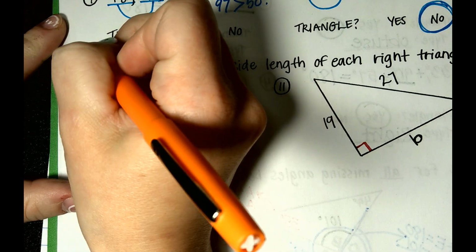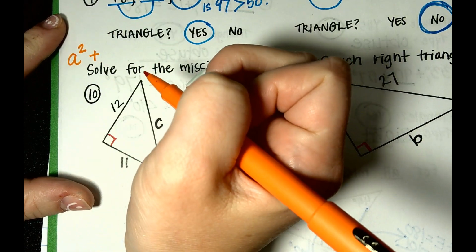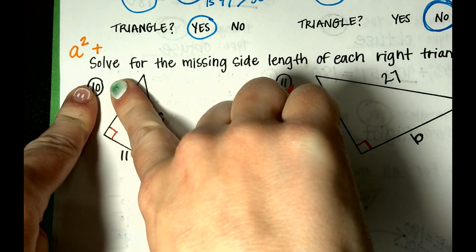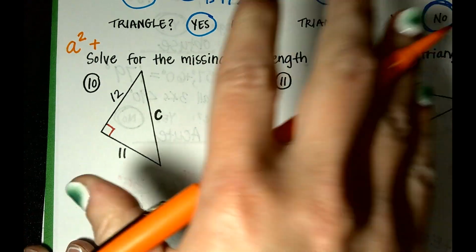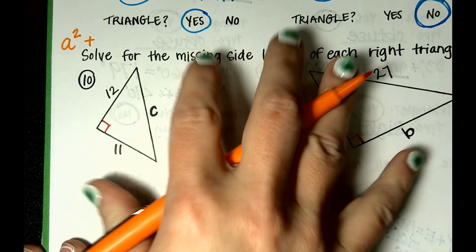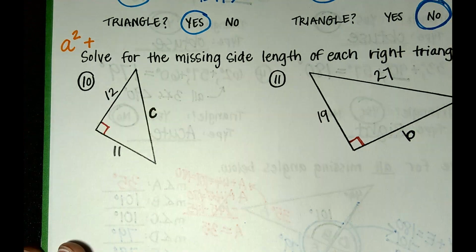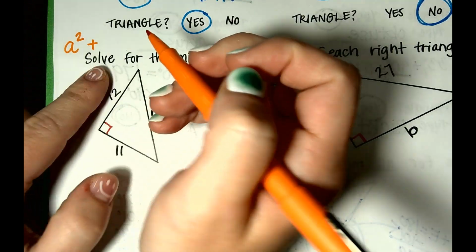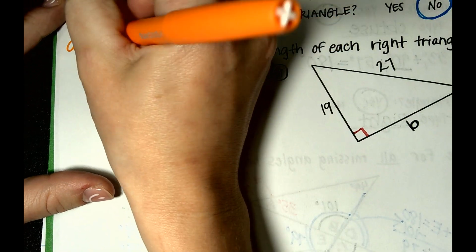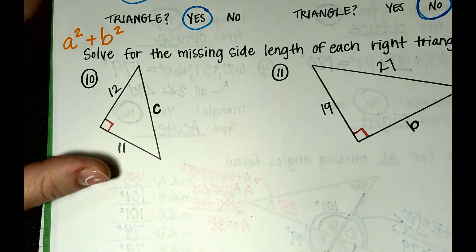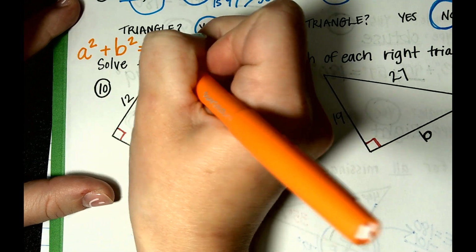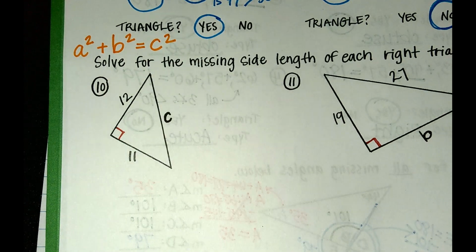Can you put that on our test so we know exactly what we're using for each problem? You're putting it on your practice quiz. Okay. Yep, and then your quiz will be identical to this. So that way when you look at your practice quiz and you're taking your quiz, you'll be like, oh yeah, that's how you do it. Okay. So write this down. A squared plus B squared equals C squared.